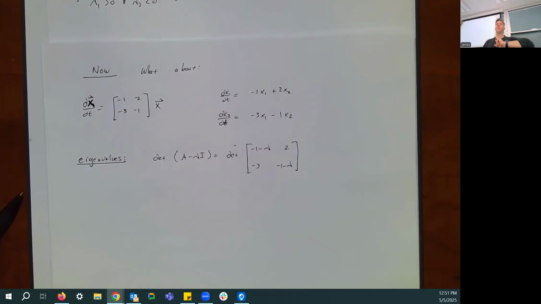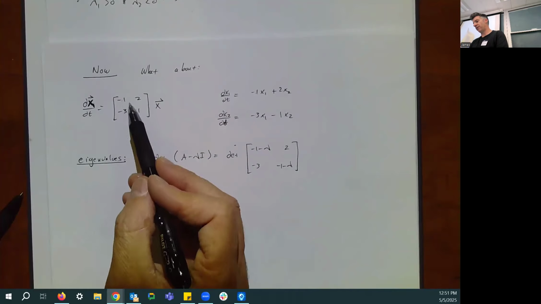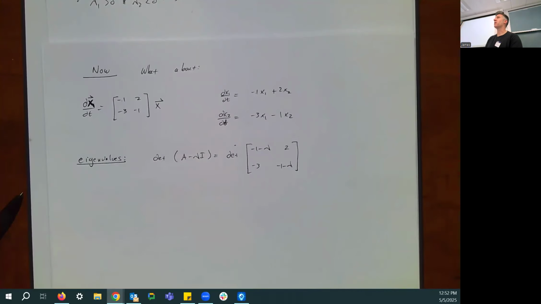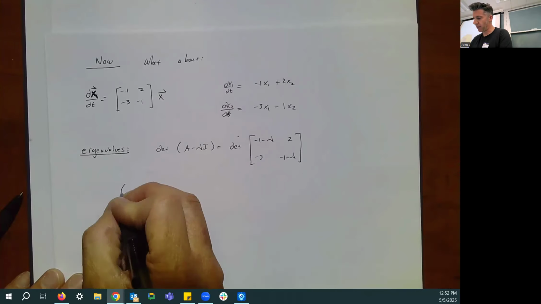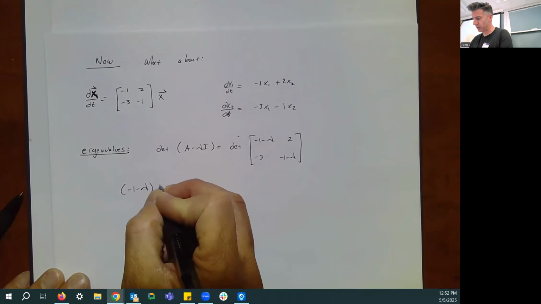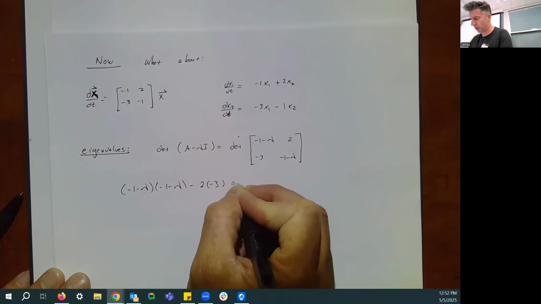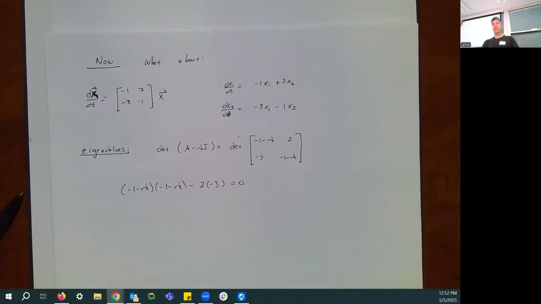Something worth pointing out. If both of your diagonal elements happen to be the same, you can solve this with a little bit less work. Here's what I mean. I have -1 minus lambda times -1 minus lambda minus 2 times -3 equal to 0. Normally you've seen me multiply this out and rewrite it and then solve.